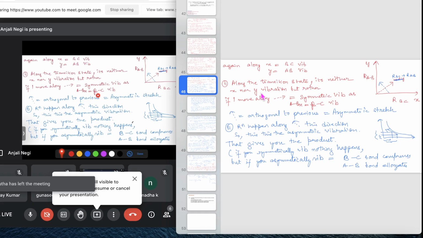See, along this direction, your y and your x values are monotonically increasing along this arrow, correct? So this one will be symmetric with respect to both AB and BC.